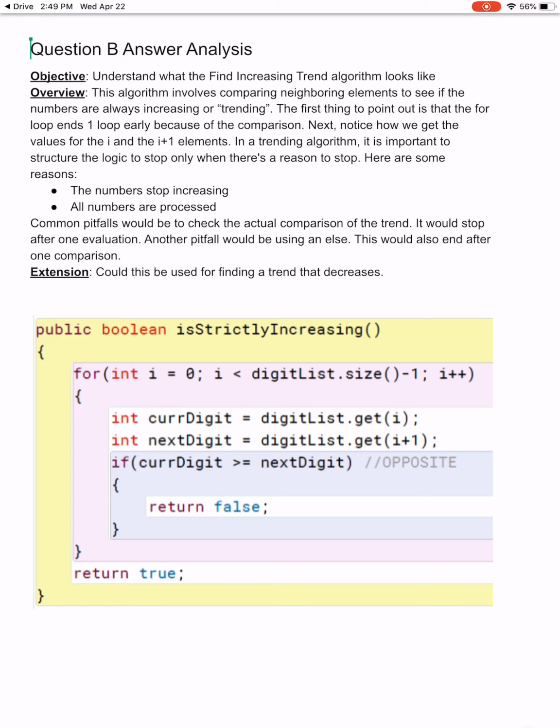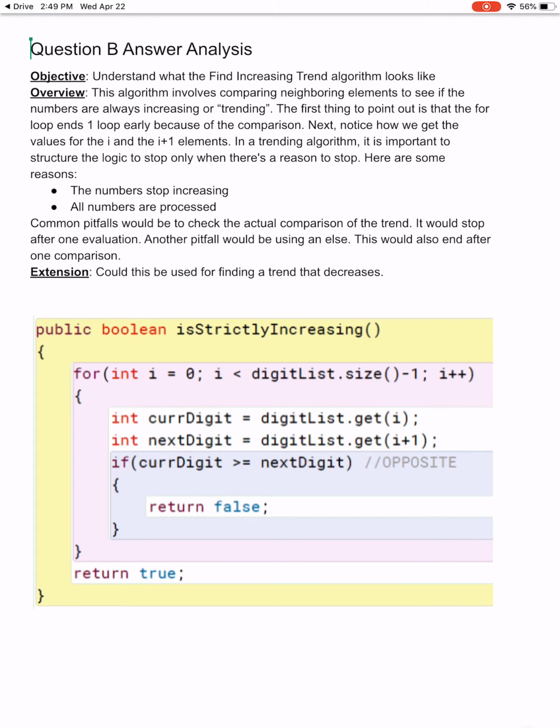Notice, though, how we return false. The purpose of that is we're looking for a stopping point. If we find a reason that this is false, go ahead and just say it's false. However, if it is true, we want to keep going and going and going. And that's why the return true is at the end. It's appropriate to check every value to finish the for loop, and if they are all increasing, then that's the point where you can return true.